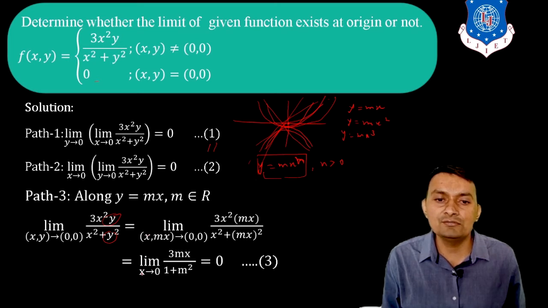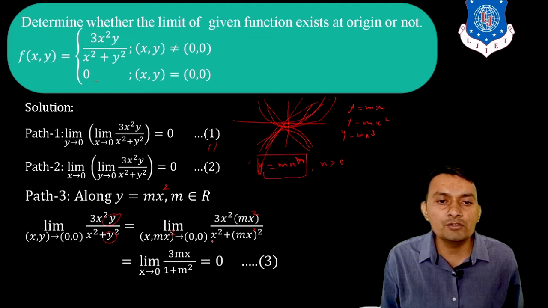So we take the limit as x tends to 0 of 3mx divided by 1 plus m square. But when I put x equal to 0 here, I just get 0. Still, that means I have to further consider the path y is equal to mx square. Whenever we simplify, we take the highest power common from the numerator as well as the denominator.